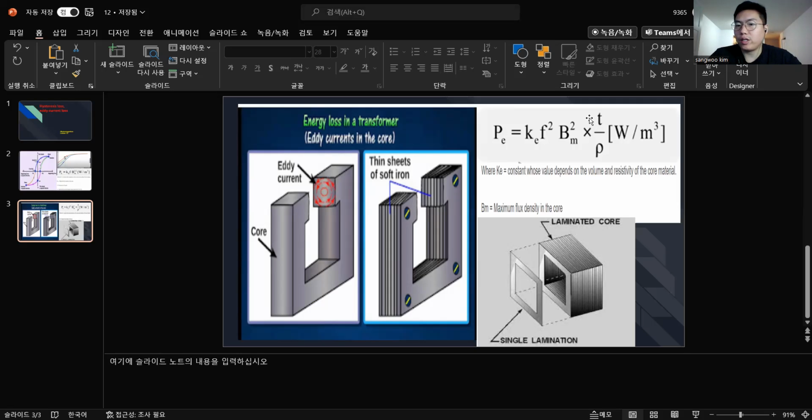If the thickness is bigger, more eddy current happens. So that's why we need to laminate it first. And because the resistivity is inversely proportional, we need to raise the resistivity. Try to understand it like this, okay? Let's move on.